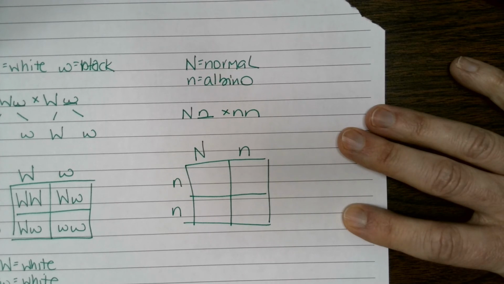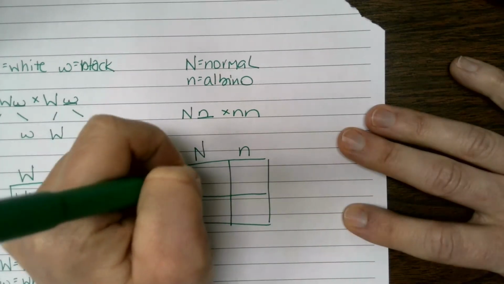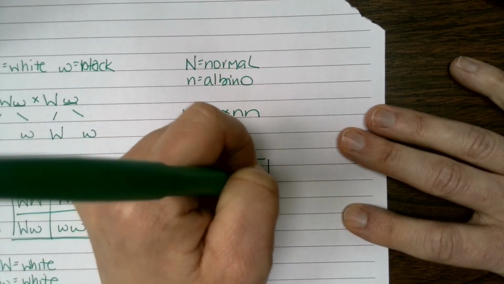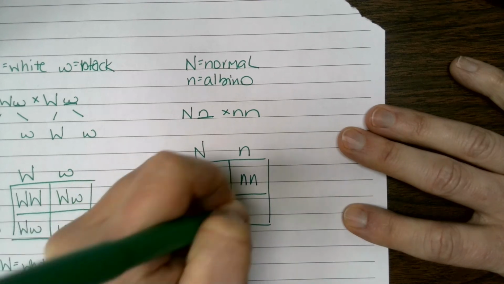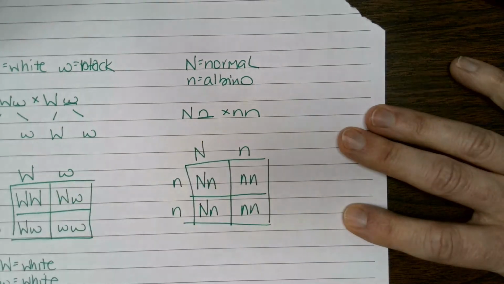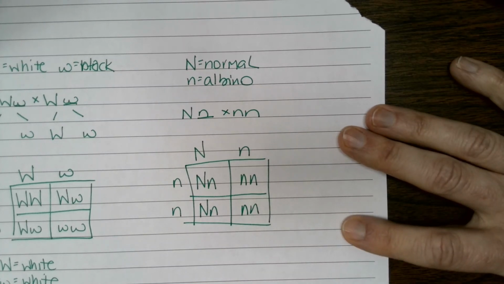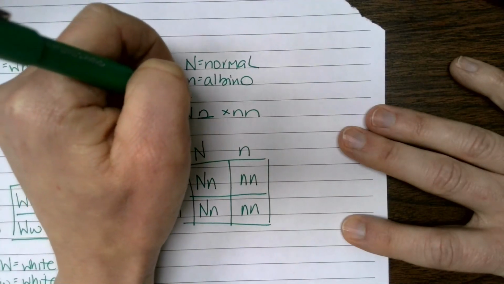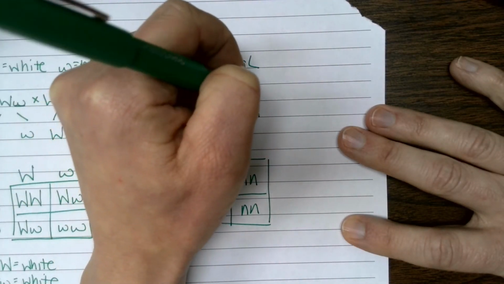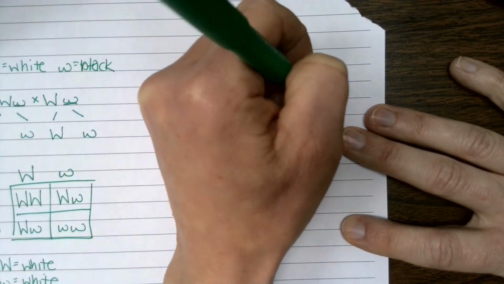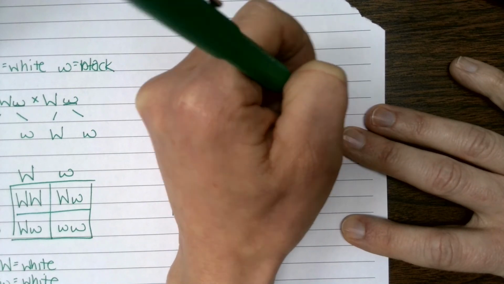So you would list those technically. Let me work my Punnett square first, though, since that's what I was already doing. Heterozygous genotypes here and here, homozygous recessive there. And this is going to be the man, the woman, and then I'm just going to write child here.